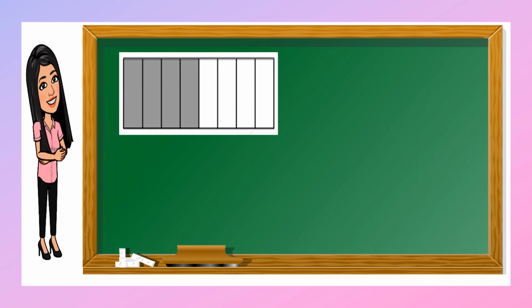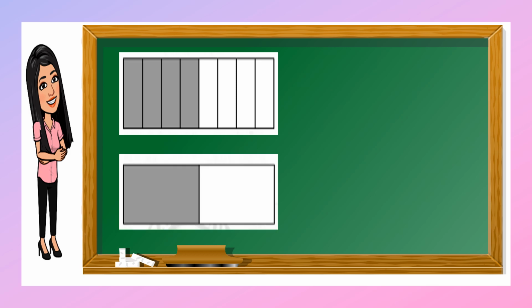Okay, now look at the illustration. What kind of fraction is this? So as you can see, the first figure is divided into 1, 2, 3, 4, 5, 6, 7, 8 equal parts.